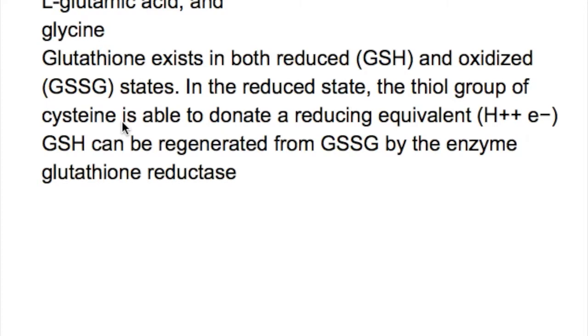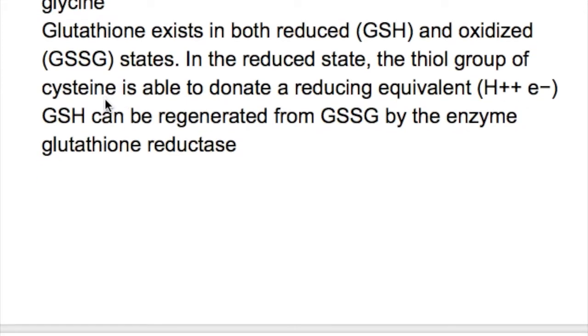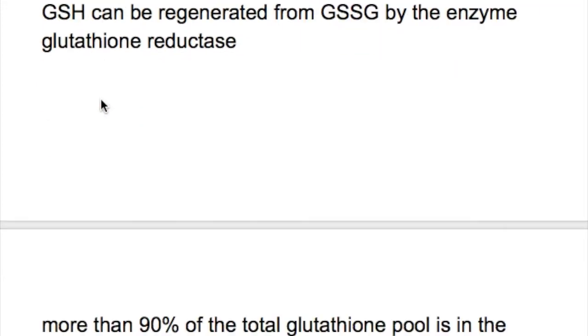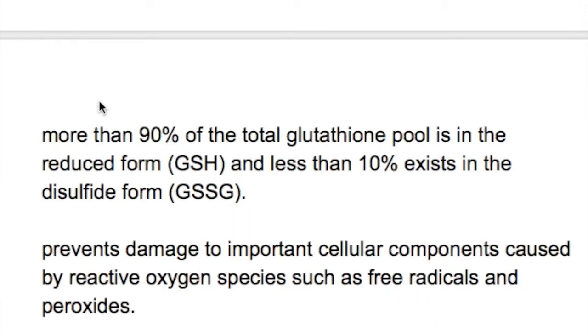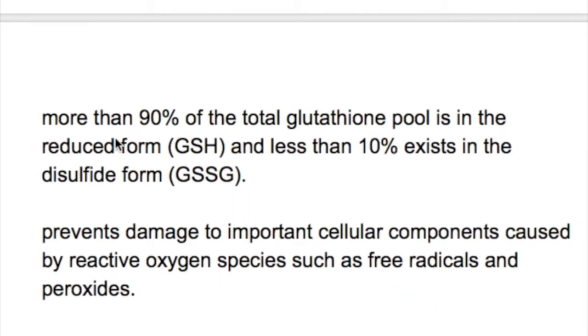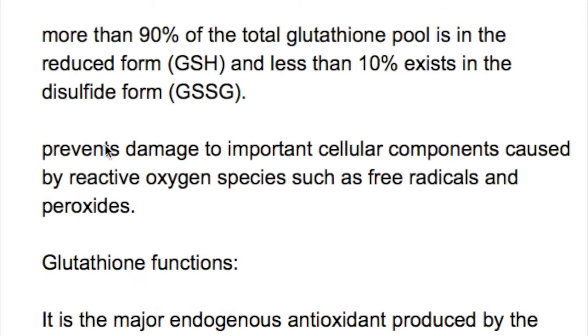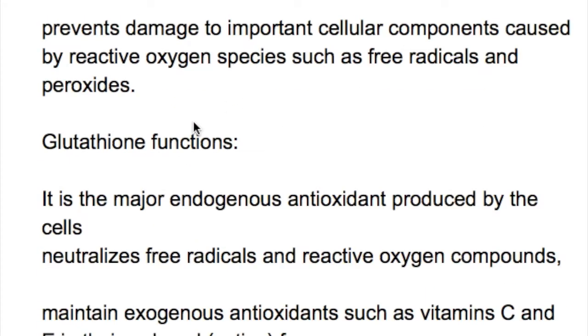So two forms, reduced and oxidized. The reduced form donates electrons to convert NAPQI to a non-toxic form. More than 90% of the total glutathione is in the reduced form. Glutathione prevents damage to important cellular components caused by reactive oxygen species such as free radicals and peroxides.